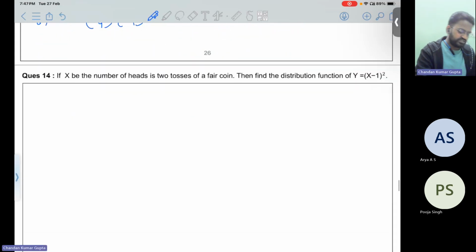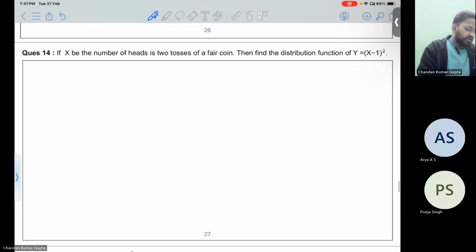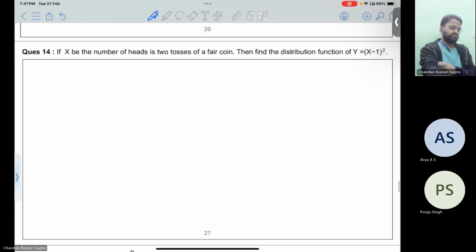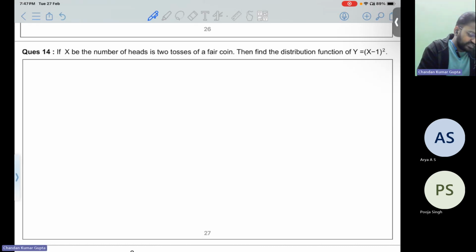Okay, now the next question is here. Like if x is the number of heads in two tosses of a fair coin, then find the distribution function of y equals x minus 1 whole square.